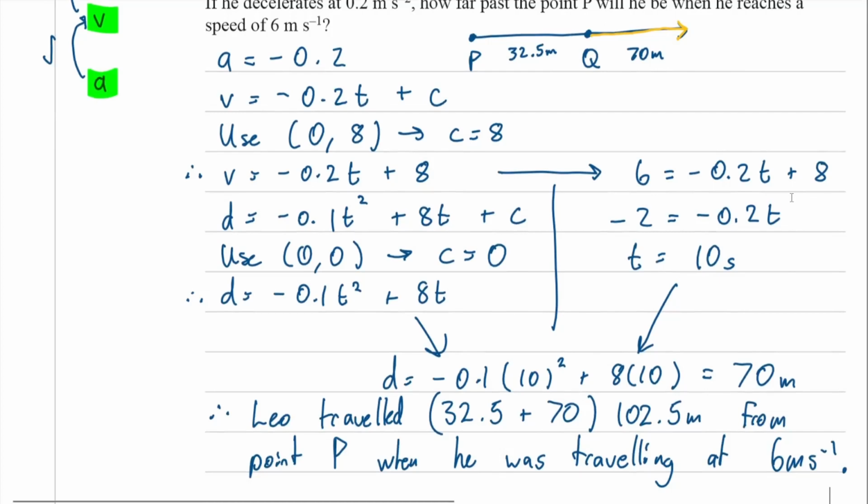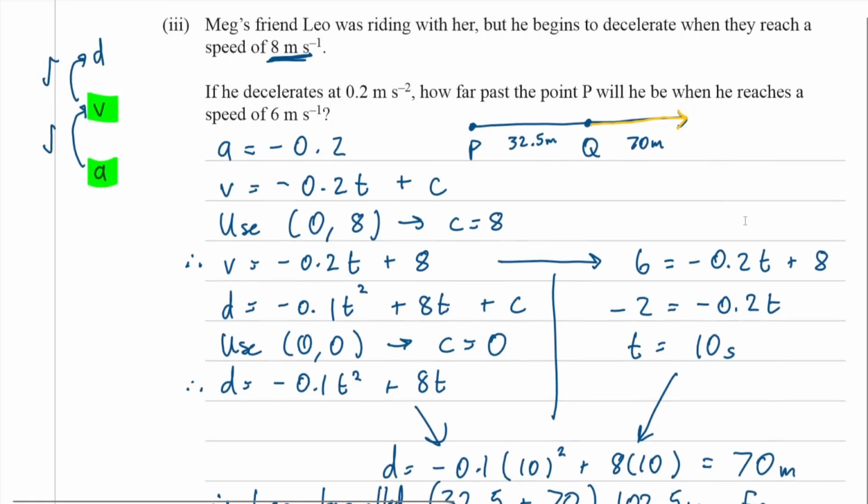Alrighty, so let's recap this one. Quite a lot involved. So first up, we found the acceleration equation, right, is negative 0.2. We anti-differentiated that to get the speed equation, and at that point, that's actually achieved.